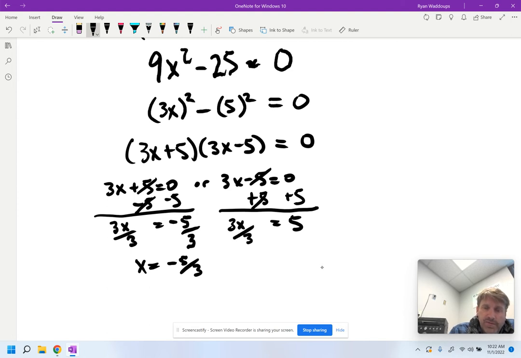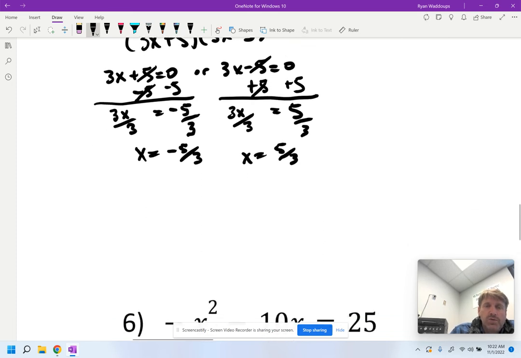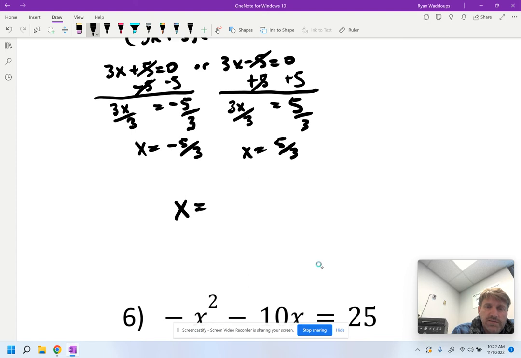And dividing by 3 gives me that x is equal to positive 5 thirds. And so our solution set is negative 5 thirds. X can be equal to negative 5 thirds or positive 5 thirds.